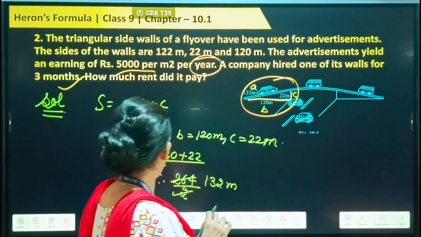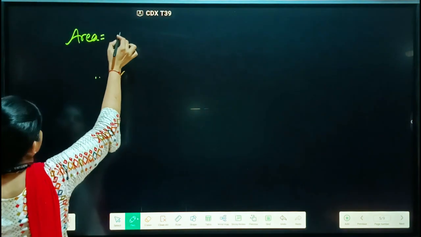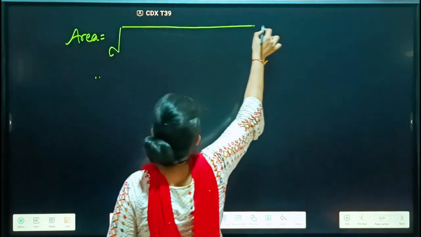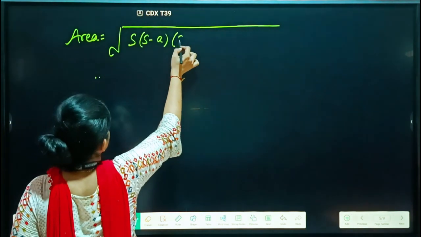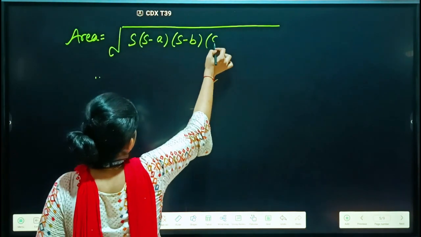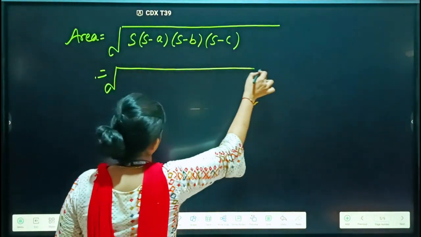ठीक है, now we will find the area. That is S minus A, S minus B, S minus C, that we will apply in this. ठीक है, ये हम यहाँ apply करेंगे.